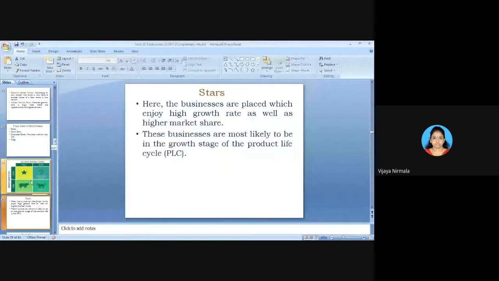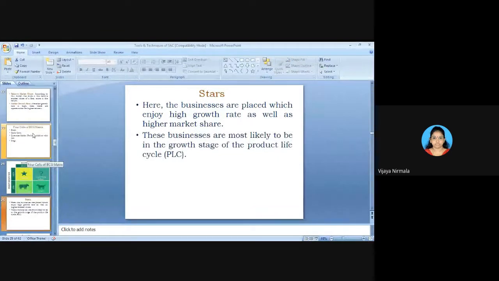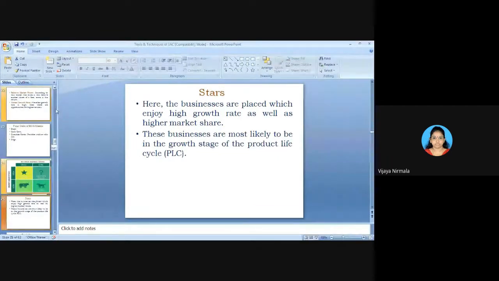Okay. And now let us see what stars are. In stars, what will be there? Both relative market share and growth rate, market share as well as growth rate, both are high, right? So in this block, those businesses are placed which enjoy high growth rate as well as high market share.